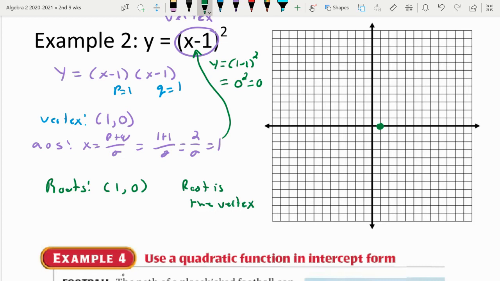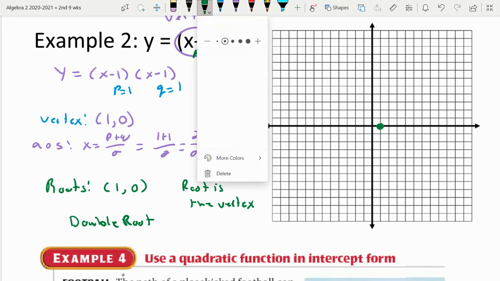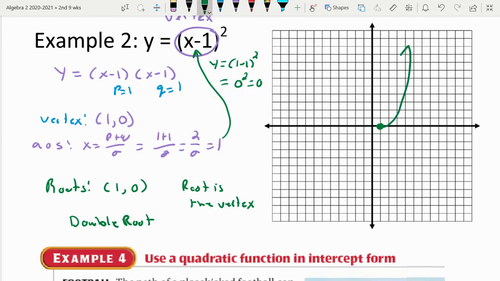And this is something we call a double root, right, because they're both on top of each other. And then your graph is going to do something like this.